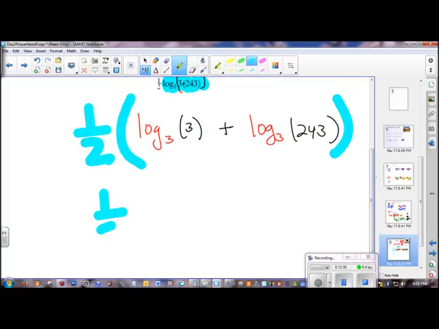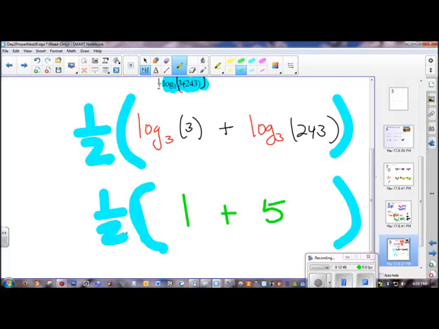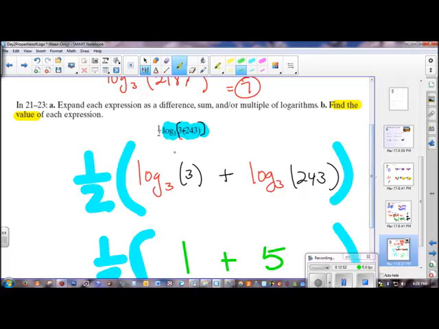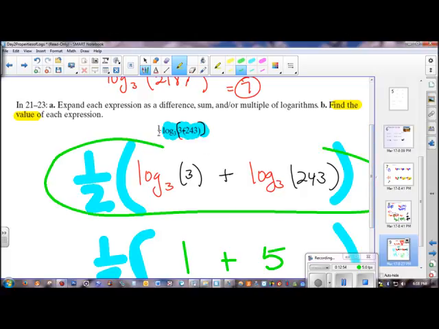It's going to be 1/2 times, oops, shouldn't use the highlighter to write with, 1/2 log base 3 of 3, this is going to turn into a 1. Log base 3 of 243 is going to turn into a 5. You're going to end up doing 1/2 of 6, which will give you an answer of 3. So here's the expanded version right here, and then the evaluation is a 3. You would have gotten the same thing if you had evaluated this single log in the beginning.